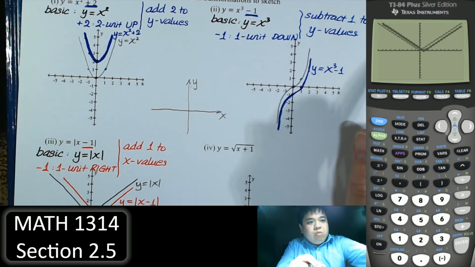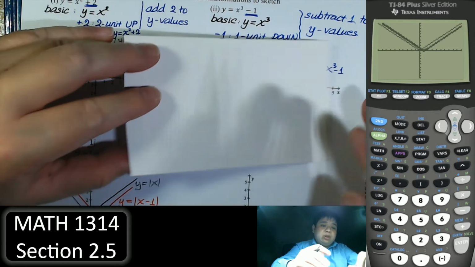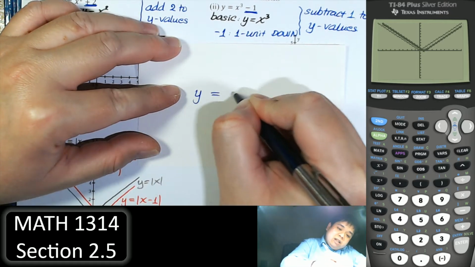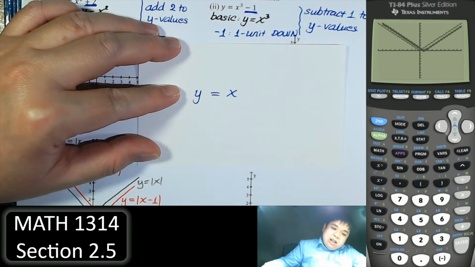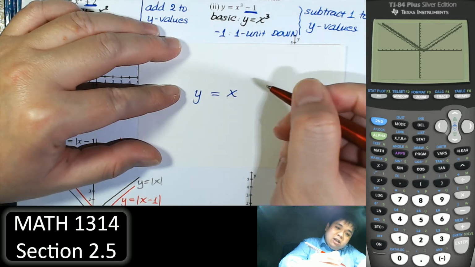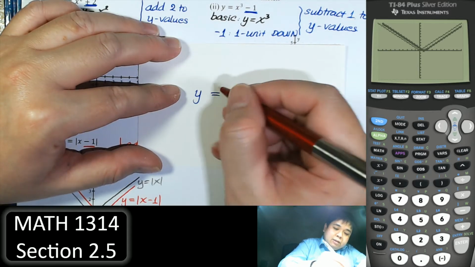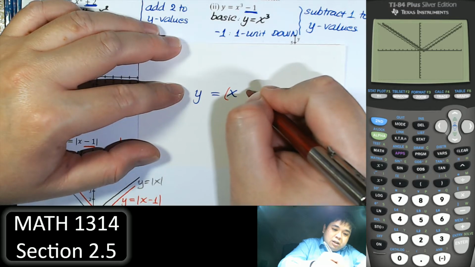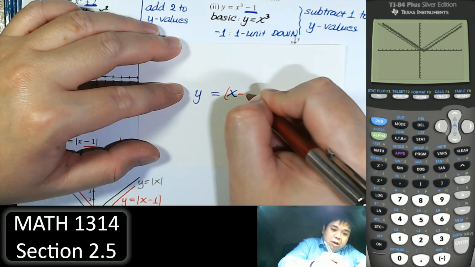A way to understand this is to consider a very simple example. Instead of absolute value, just look at x. Let's say I just replace x by -1 here.